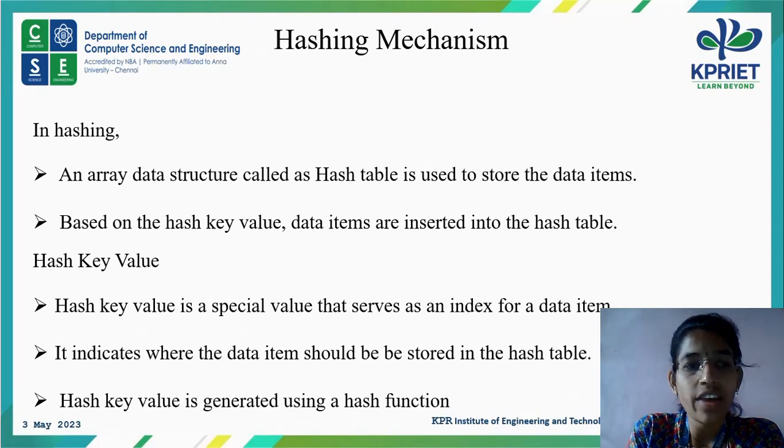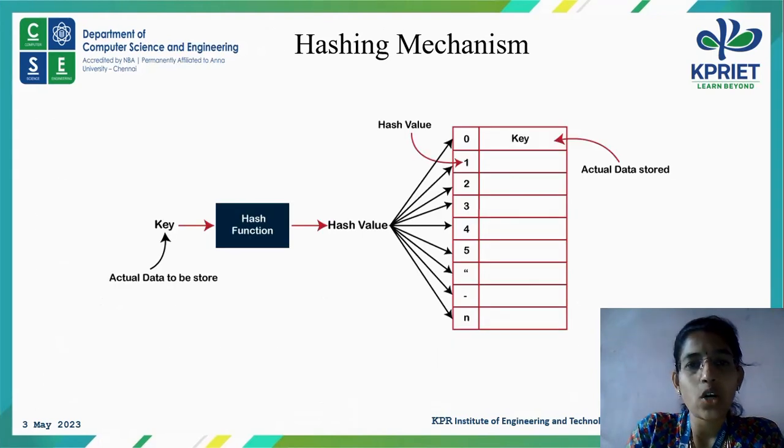The hash key values are used to insert our element in the hash table. Based on the key value, we can insert our data item in the hash table. The hash key value is generated by the hash function. The hash table, hash key value, and hash function are all interconnected. Now I explain the concept with the use of this diagram.